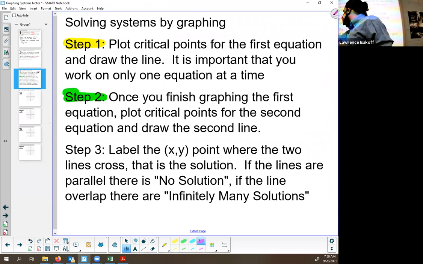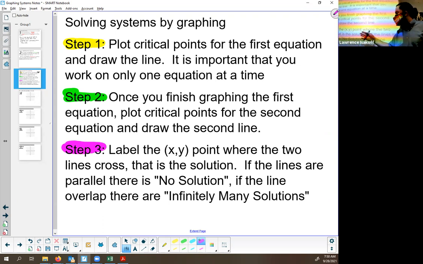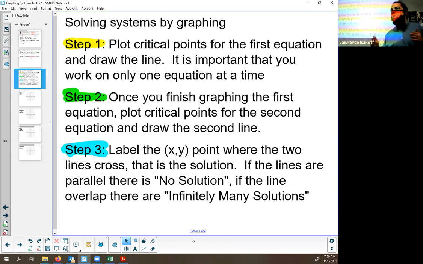Then step 3 says to label the x, y point where the two lines cross. That is the solution. If the lines are parallel, meaning they do not cross, they should have the same slope but a different y-intercept, that means there's no solution.